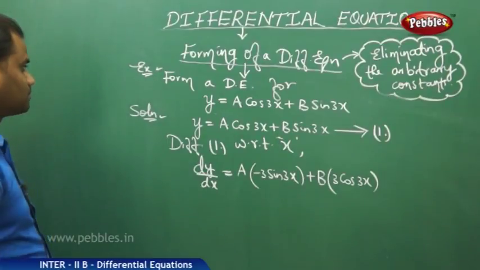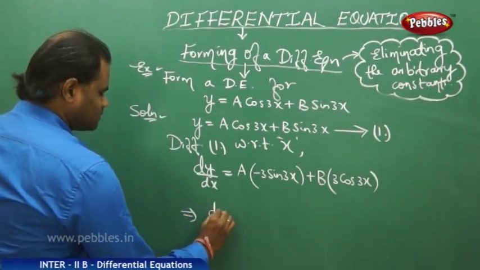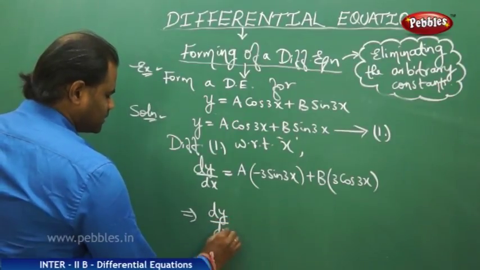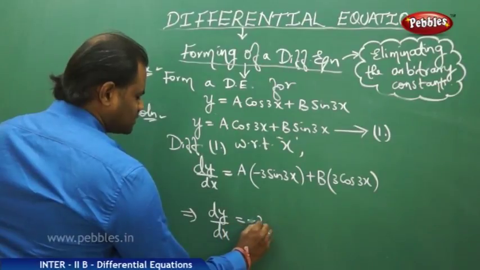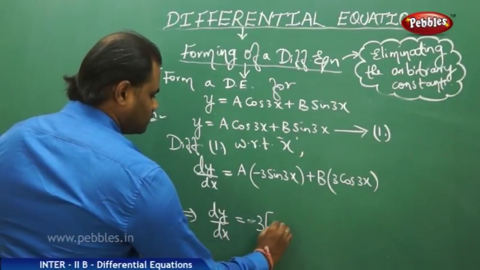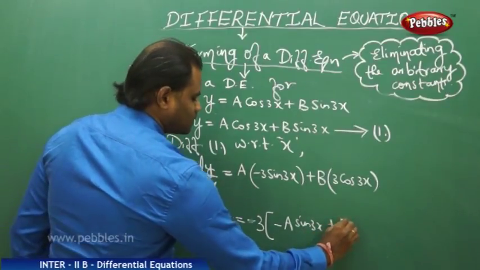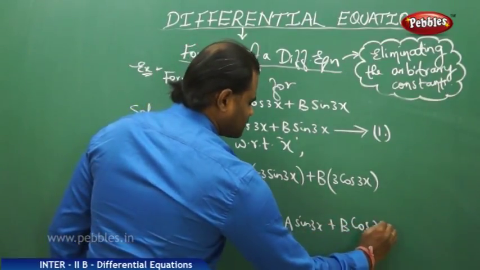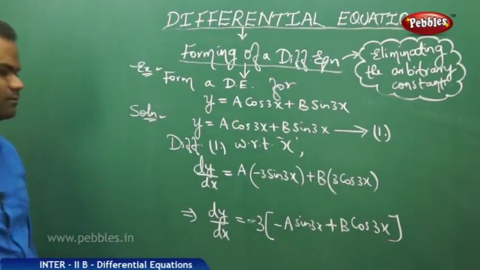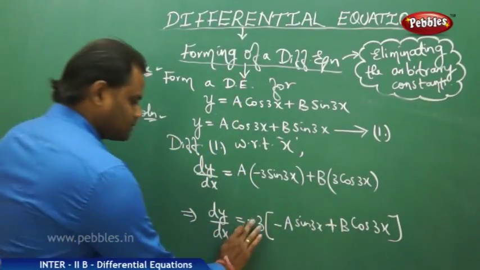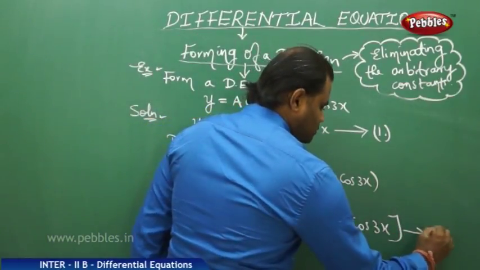Now this gives us dy by dx equals 3 times of minus a sin 3x plus b cos 3x when we differentiate on both sides. Now let me take this as equation 2.